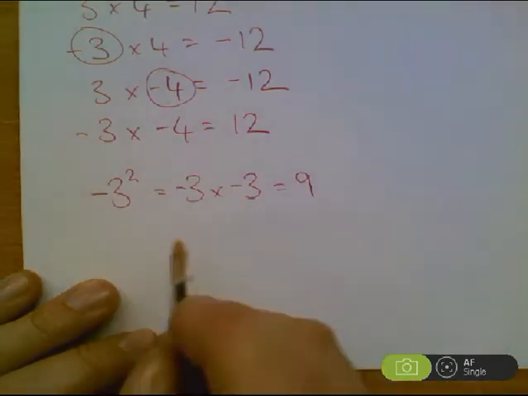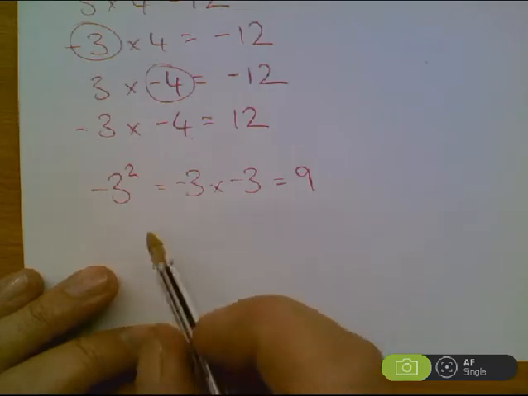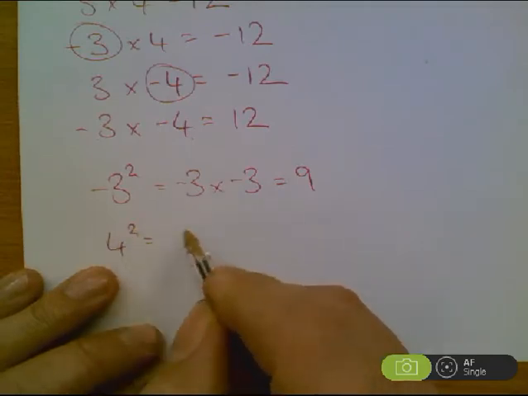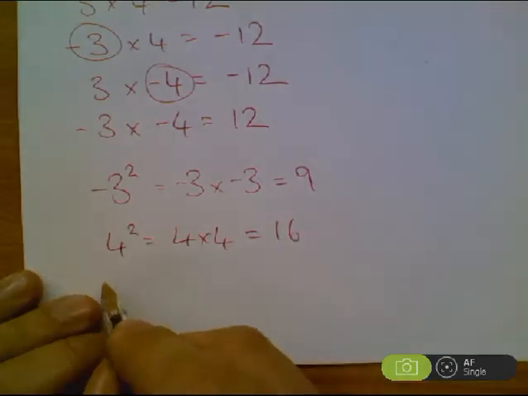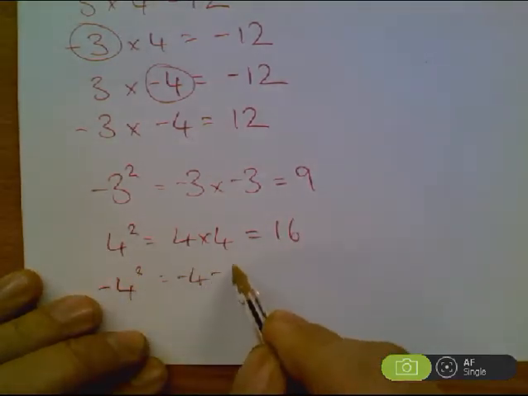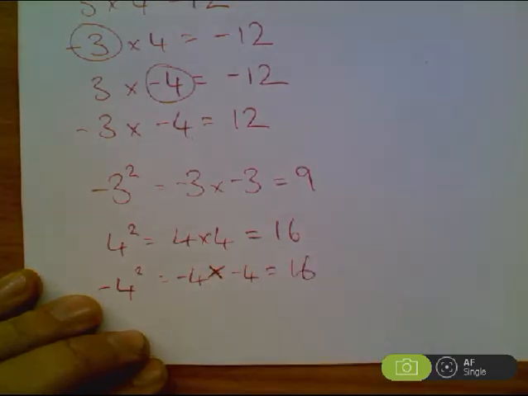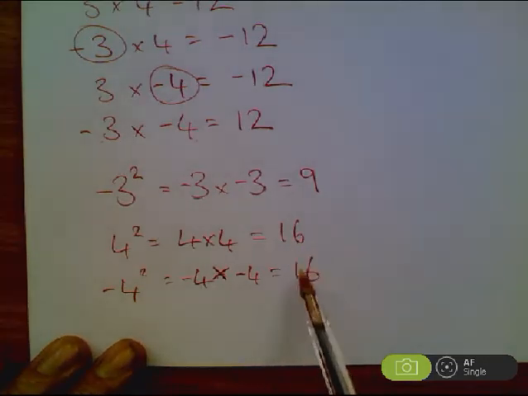And the point that this raises is that it's impossible to square a number and get a negative answer, because whether my answer is positive, such as 4 squared, which gives me 16, or minus 4 squared, which gives me minus 4 times minus 4, the answer is still 16. So there's nothing I can square to get a negative answer. Whenever you square something, you'll always get a positive answer.